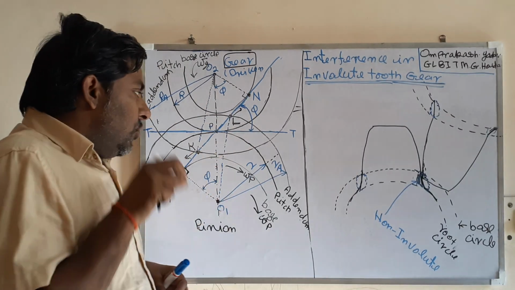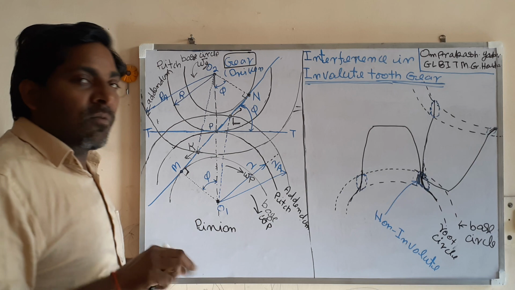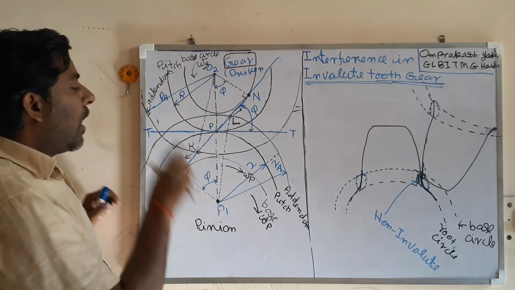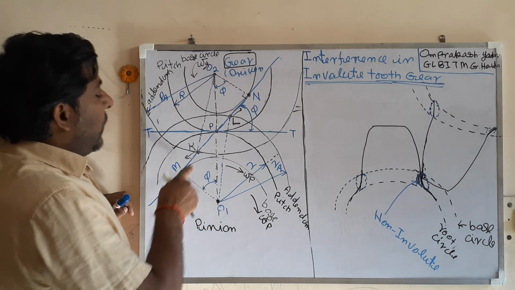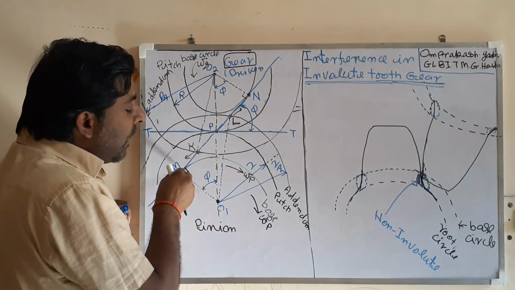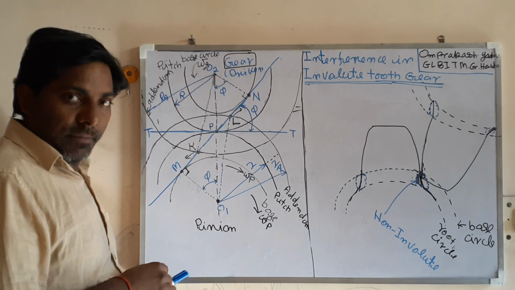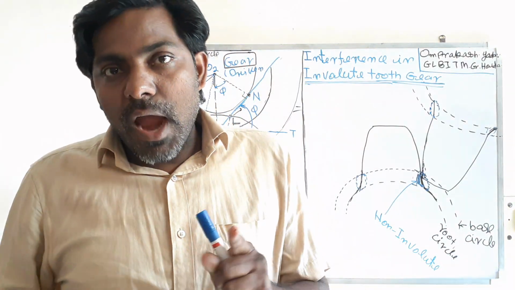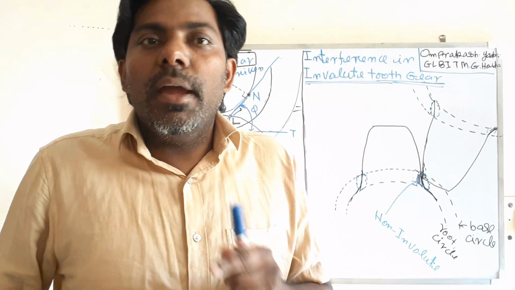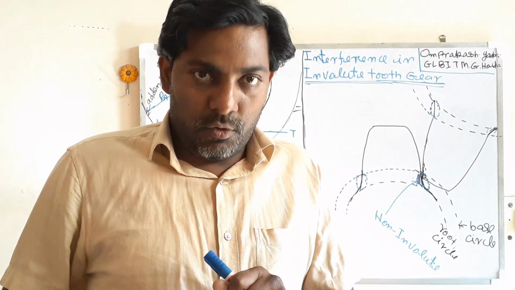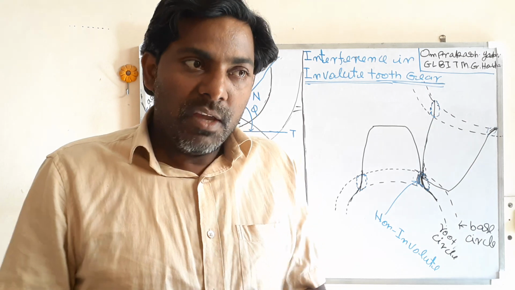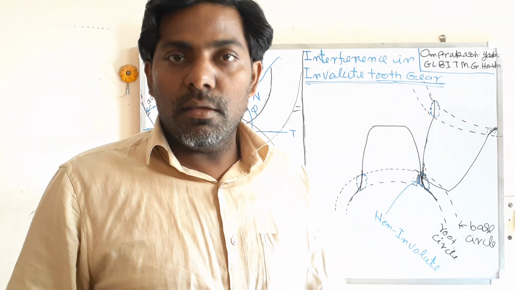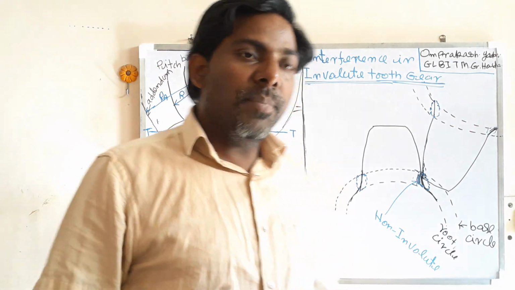So I can conclude that first interference starts at the tip of the gear and the root of the pinion, or flank of the pinion. So first interference takes place between the tip of the gear and the root portion of the pinion.